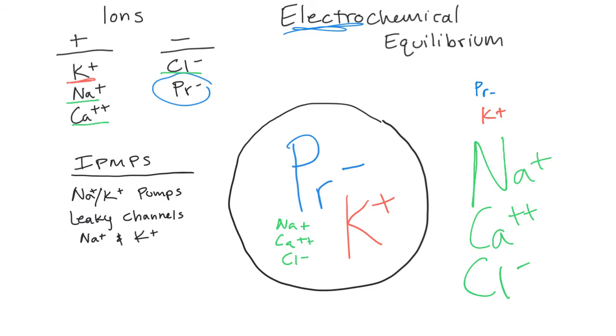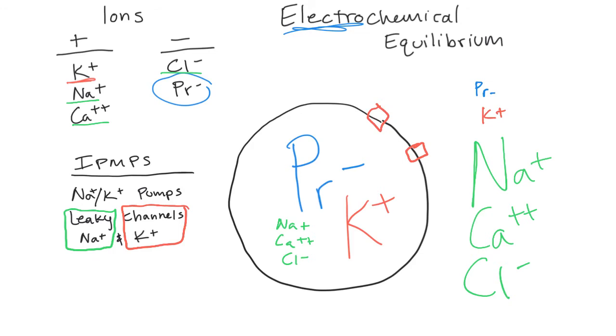So we'll first talk about sodium in green and potassium in red. We're going to make a red channel to represent our leaky potassium channel. If you put a little channel here, these are going to be around the cell, and you ignore the charge.